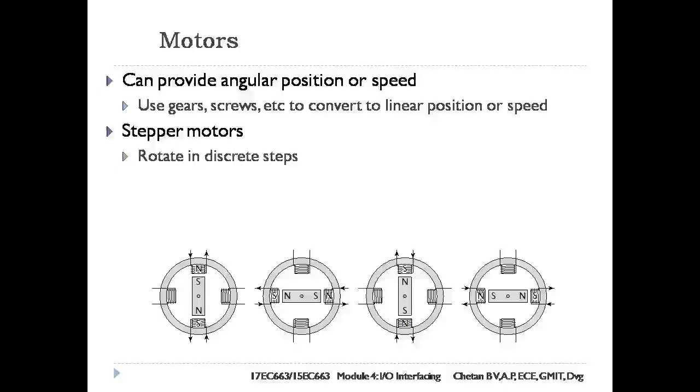The magnetic attraction holds the rotor in position provided there is not too much opposing torque from the load connected to the motor shaft. The order and rate in which the coils are energized determines the direction and speed of rotation.